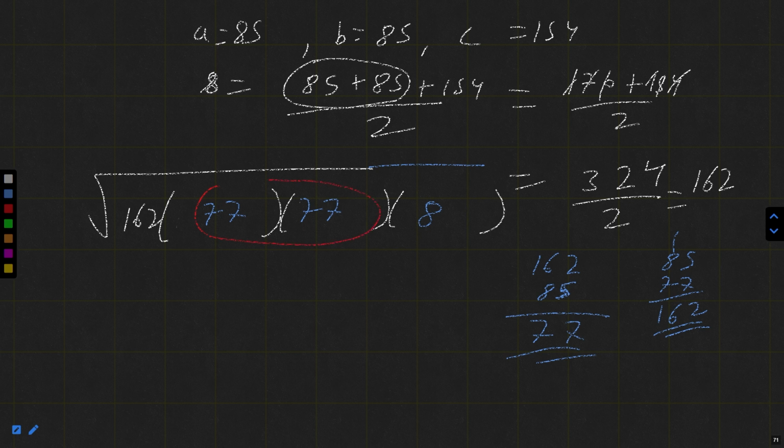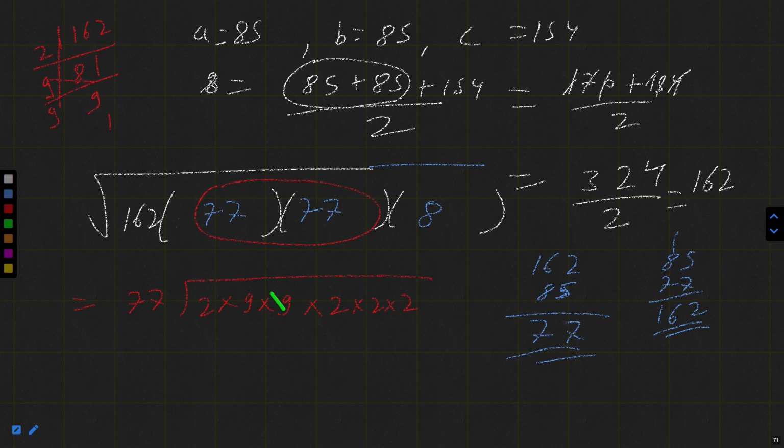As this is my pair, I can take it out from the root. So 77 taking out. Inside, 162 is there. I can rewrite 162 as what? Let me factorize it. 162 is 2 times 81, and that is 9 times 9. So it is 2 times 9 times 9, and 8 can be rewritten as 2 times 2 times 2.